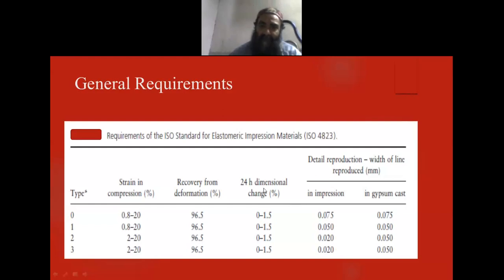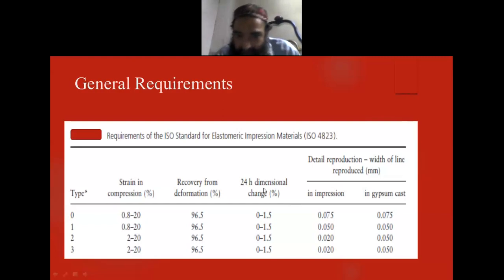Recovery from deformation in percentage is 96.5% for all. 24-hour dimensional change is 0 to 1.5 for all of the four types. Detailed reproduction, width of line reproduced in millimeters.